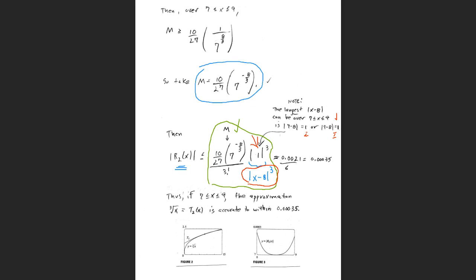So 1 is what we put in there. And this gives us 0.00035. So we can say that if x is between 7 and 9, the second order Taylor polynomial approximation that we found to the cube root of x is accurate to within 0.00035, roughly 3 or 4 ten-thousandths.